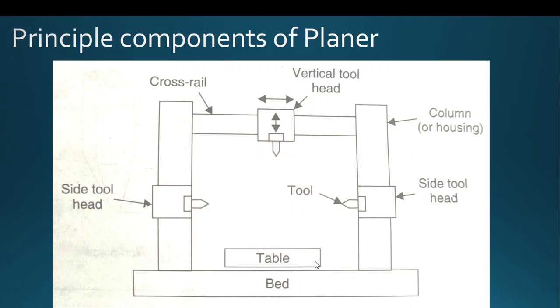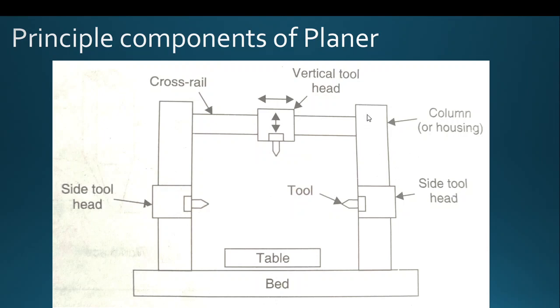In the V bedway the table is able to slide in back and front direction, and the reciprocation movement of the table is achieved by means of a rack and pinion mechanism. That is, a long rack is cut beneath the table, which is meshed with the pinion provided in the driving mechanism housed inside the bed.